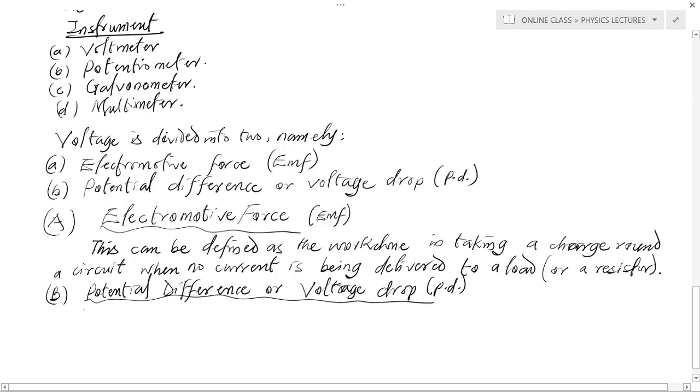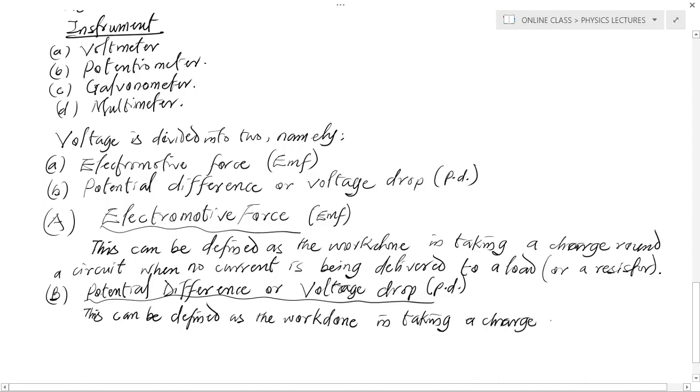Now, what is the meaning of this? This can be defined as the work done in taking a charge from one point to another in a circuit.